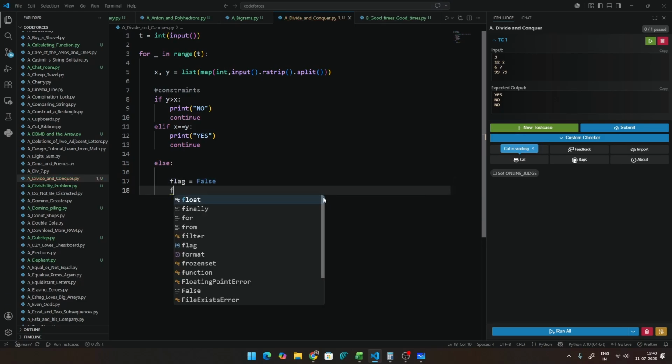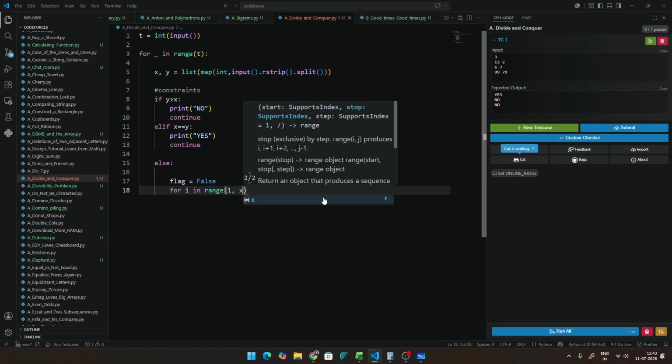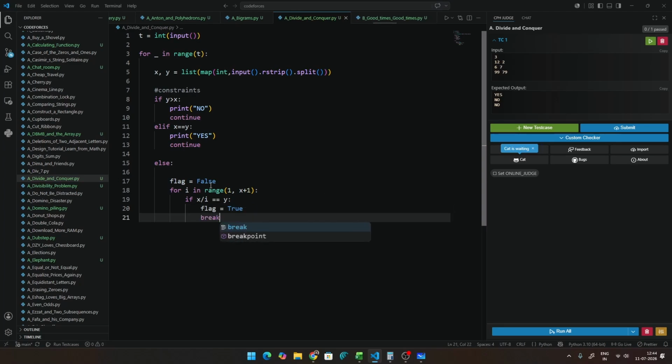Okay. For i in range of 1 to x plus 1. Okay, 1 to x plus 1, that's what we discussed. If x divided by i is equal to y, I'm going to go ahead and set the flag to true, and then break out of this for loop right here.